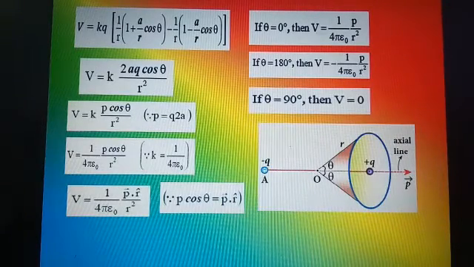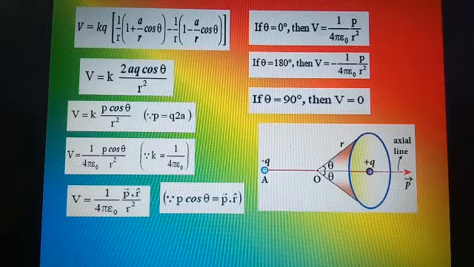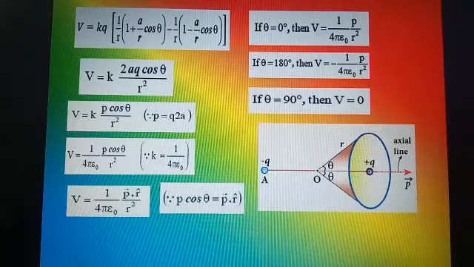The potential due to a point charge is spherically symmetric since it depends only on the distance r. But the potential due to a dipole is not spherically symmetric because the potential depends on the angle between p vector and position vector r of the point. However, the dipole potential is axially symmetric.